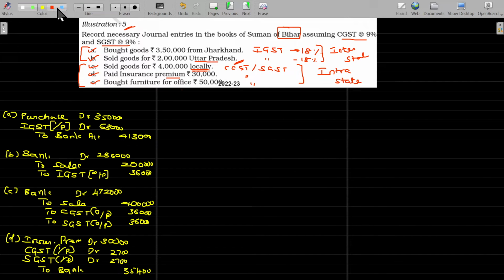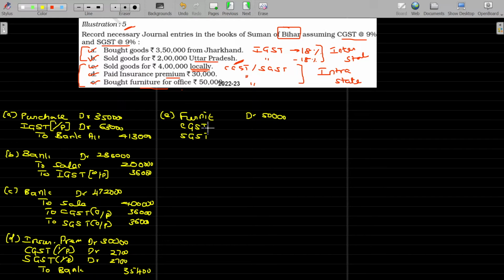D is over. Now let's move on to case E. Bought furniture. Scenario E. Furniture account debit. The value of furniture being 50,000. While purchasing, you have to pay the GST also, where CGST is leviable and SGST is also leviable.